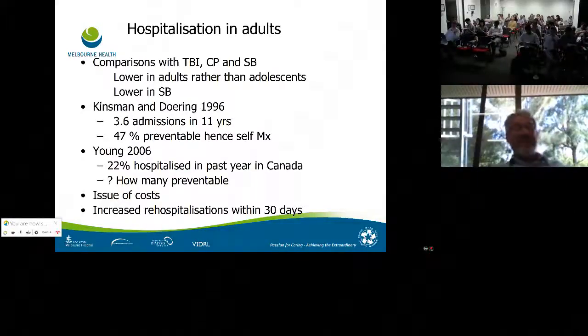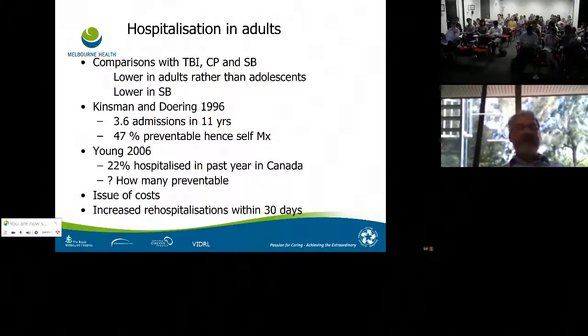And they calculated that 47% had preventable causes of hospitalisation, so it's really very important to get people to be able to self-manage, or if that's not possible, make sure that their parents or carers are able to self-manage.